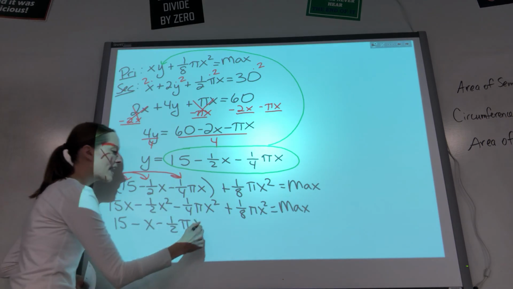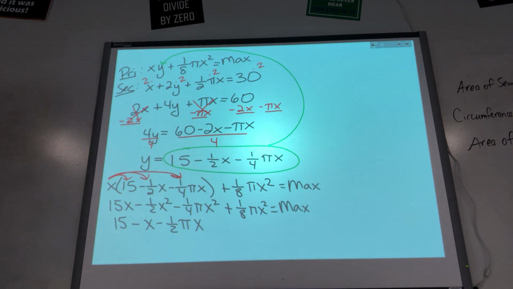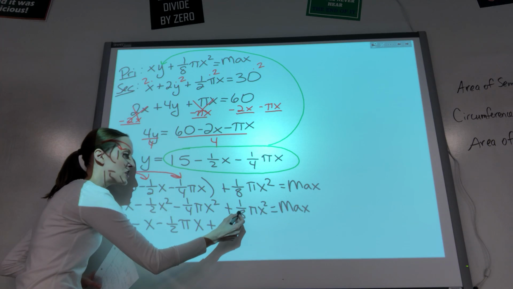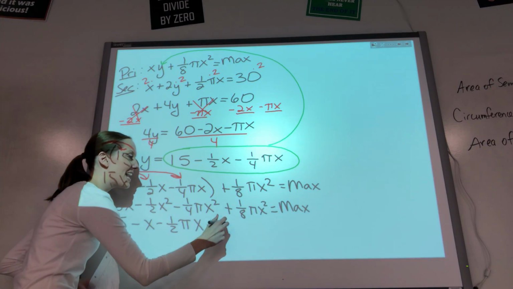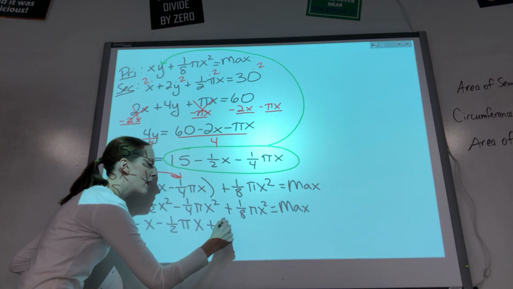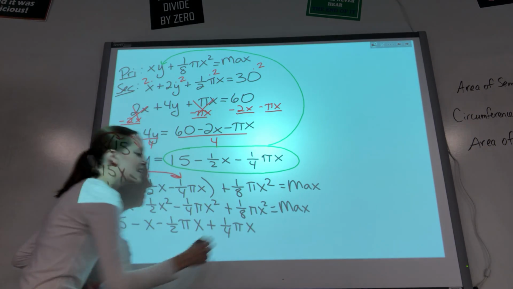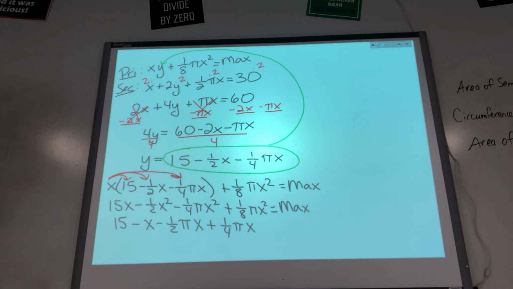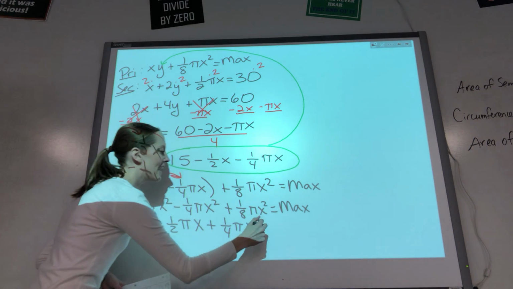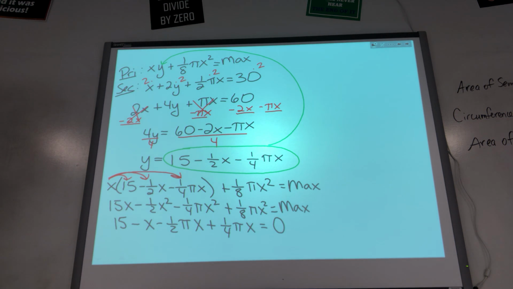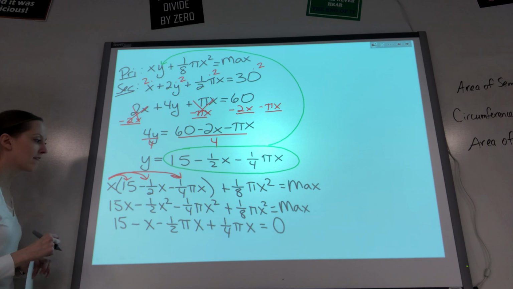And then now x is to the 1 less power. So now it's just minus 1/2 pi x plus, pull the 2 out front. 2 times 1/8 would be 2/8, but that will reduce to 1/4 pi x to the 1 less power. And the derivative of a max, I don't know what it is, but I know it's a constant, so the derivative of that would just be 0.